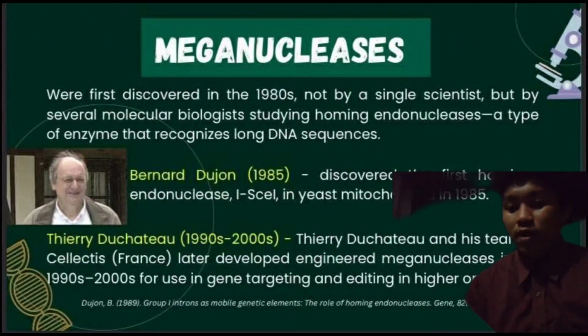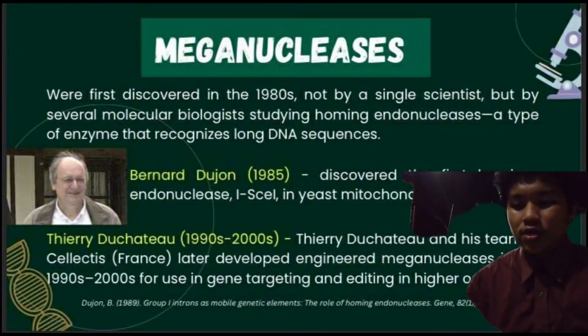Thierry Cathomen and his team at Cellectis from France later developed engineered meganucleases, in the 1990s to 2000s, which were used in gene targeting and editing in higher organisms.